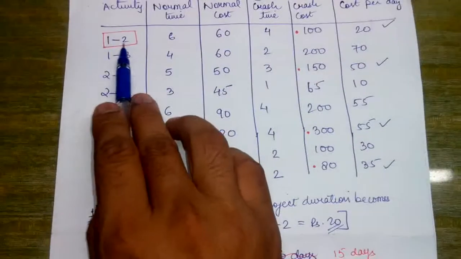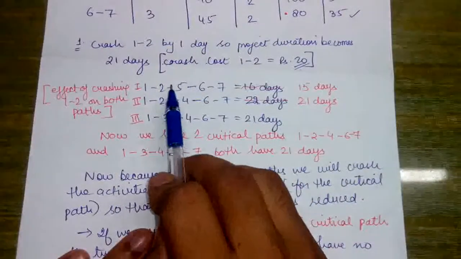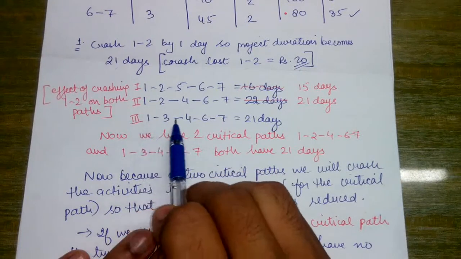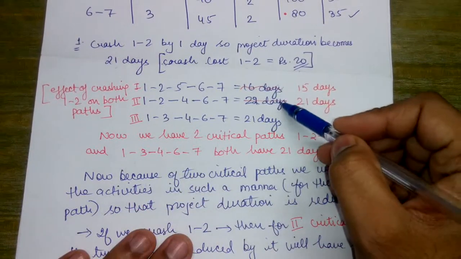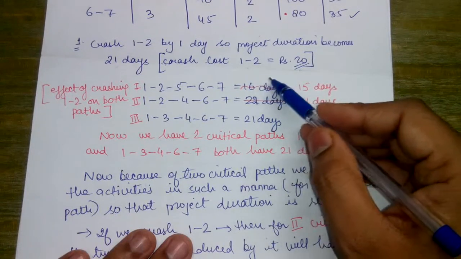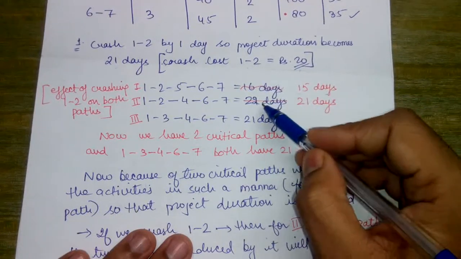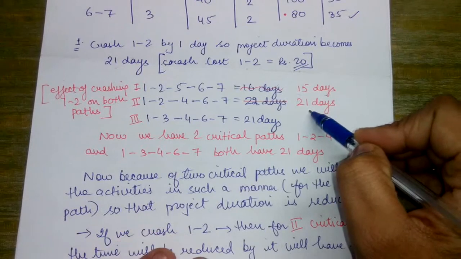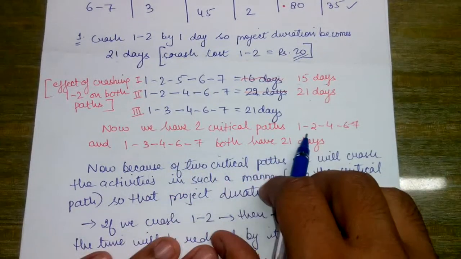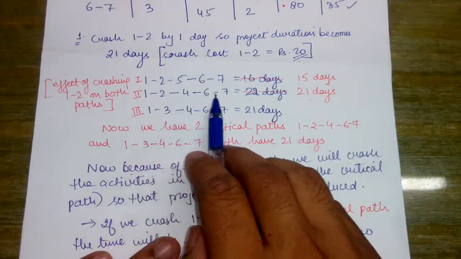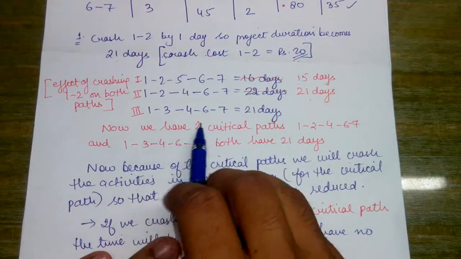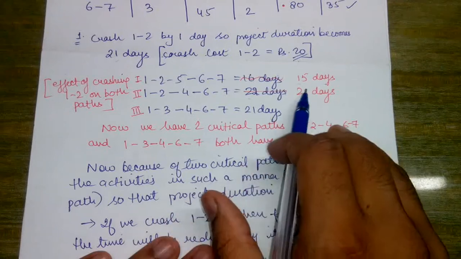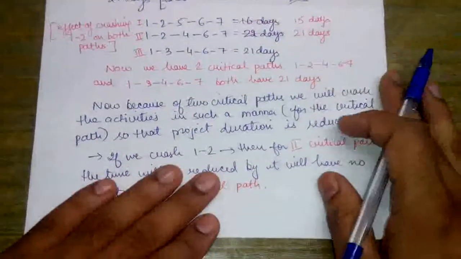Since the activity 1 to 2 is involved in this path and it is not included in this path, these two paths will be reduced by 1 day, and hence 16 becomes 15 days and 22 becomes 21 days. Now we have two critical paths, 1, 2, 4, 6, 7 at 21 days and 1, 3, 4, 6, 7 also at 21 days.